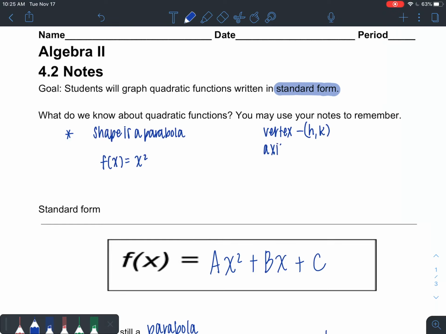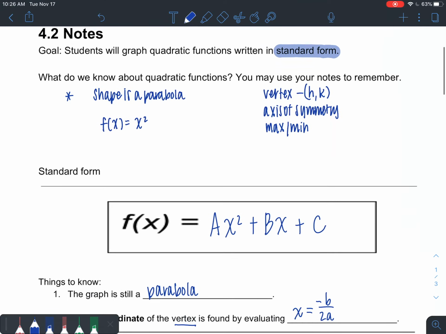The axis of symmetry is important. And then we also have our maximums and minimums depending on what kind of function it is.